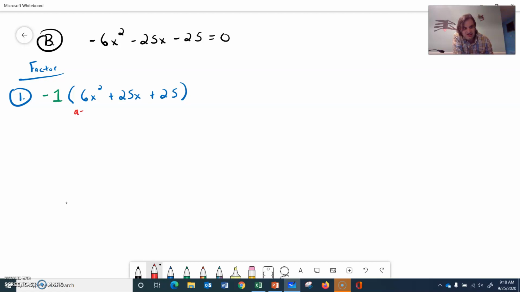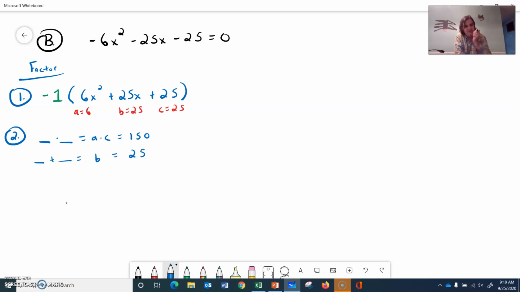But then I'm working with an A of 6, a B of 25, and a C of 25. So let's see what happens when we continue here. We need two numbers multiplied together to give us A times C, which looks to be 150. And they need to add up to be 25. Let's see. What could these two numbers be? 30 and 5 does not work.